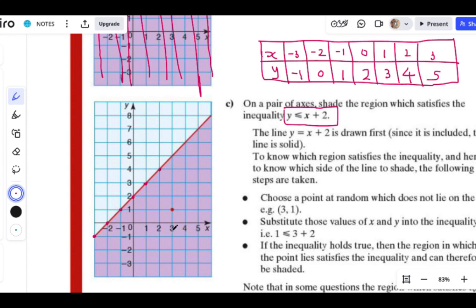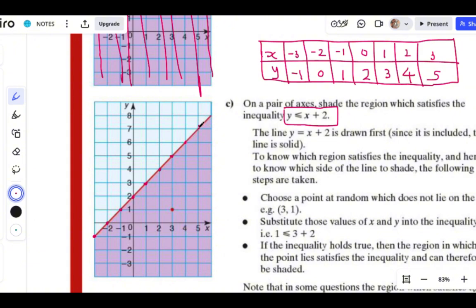When x is 3, y is 5. You trace 3 here, trace 5 here, and they meet here. You can continue. When x is 4, y will be 6. You trace, and they meet here. Even though we don't have that value here, I didn't extend. When x is 5, y will be 7.